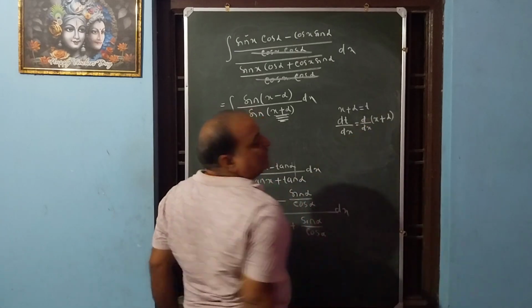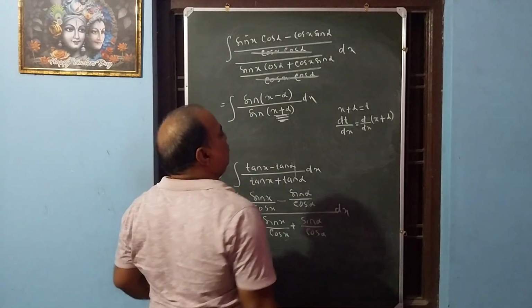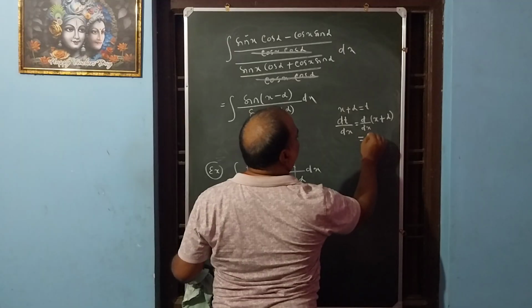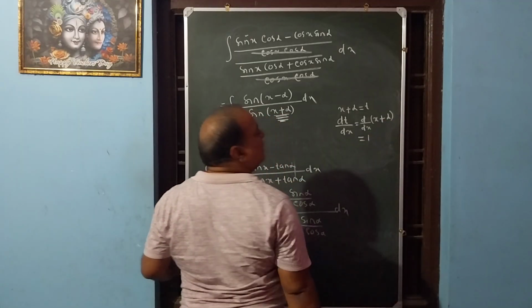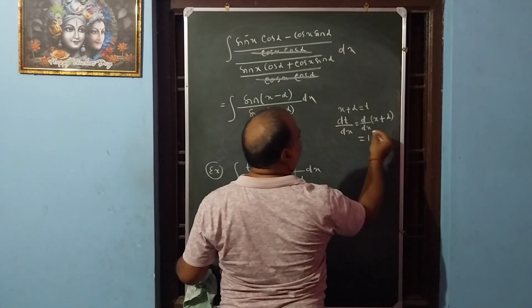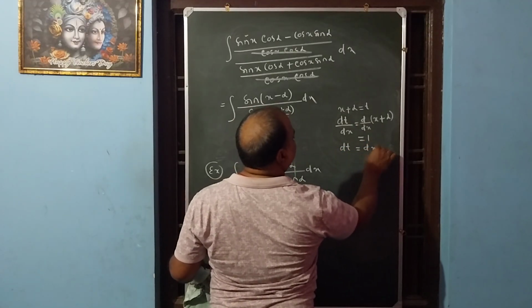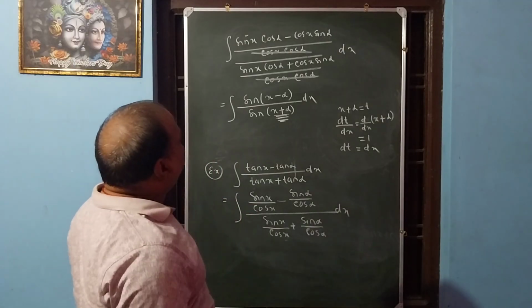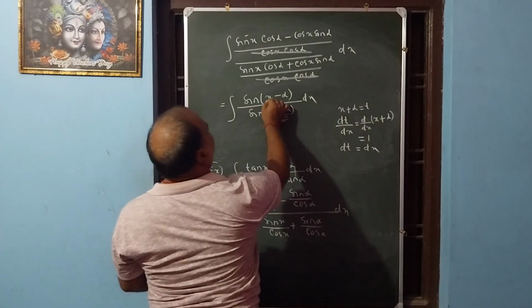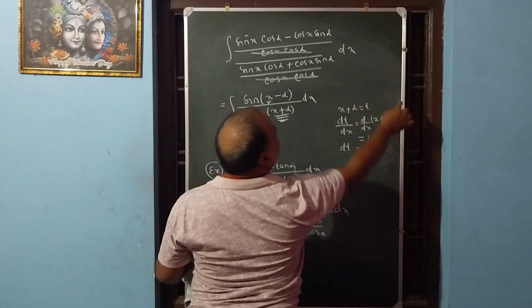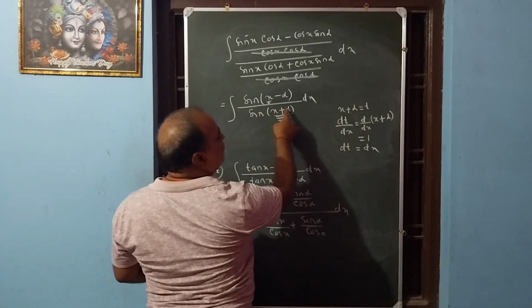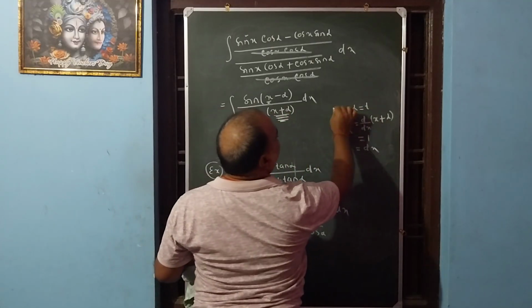Derivative of sum is equal to sum of the derivatives. We get derivative of x is equal to 1. Derivative of alpha is 0 because alpha is a constant. So we get dt is equal to dx. Now in place of x we have to put t minus alpha, and in place of x plus alpha we have to put t.